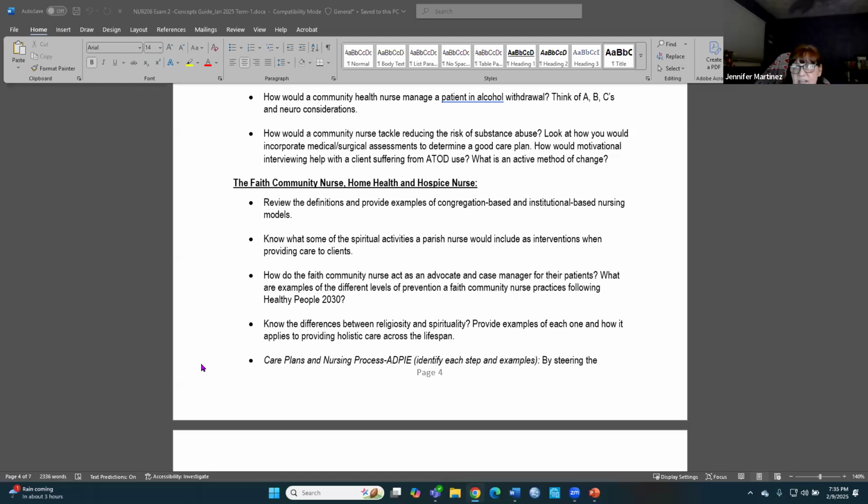The roles may change a little bit depending on where they're working, and it could be across different religions, right? You have your Catholics, your Jewish population, your Muslim. So it could be across any of those.